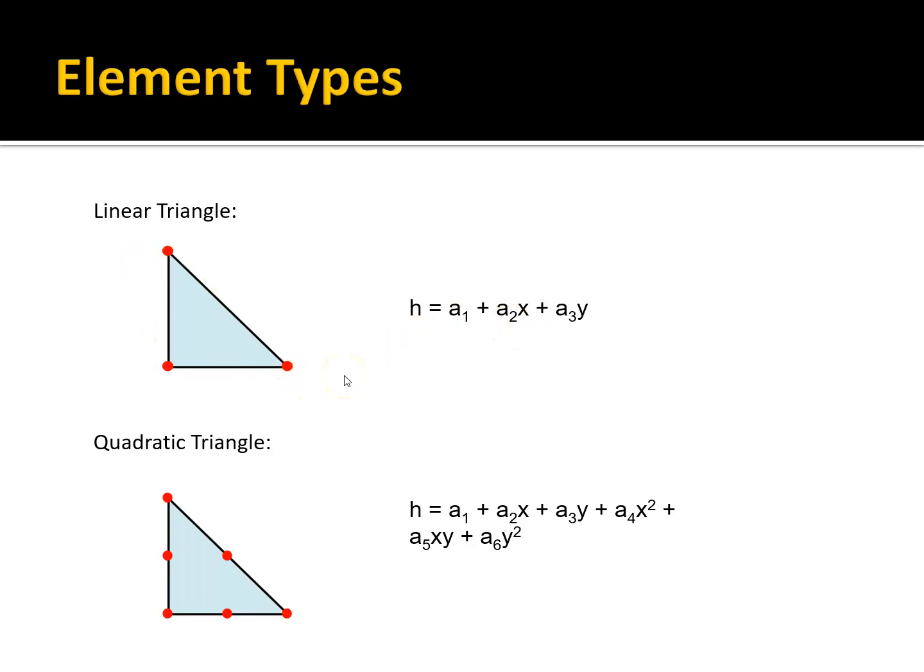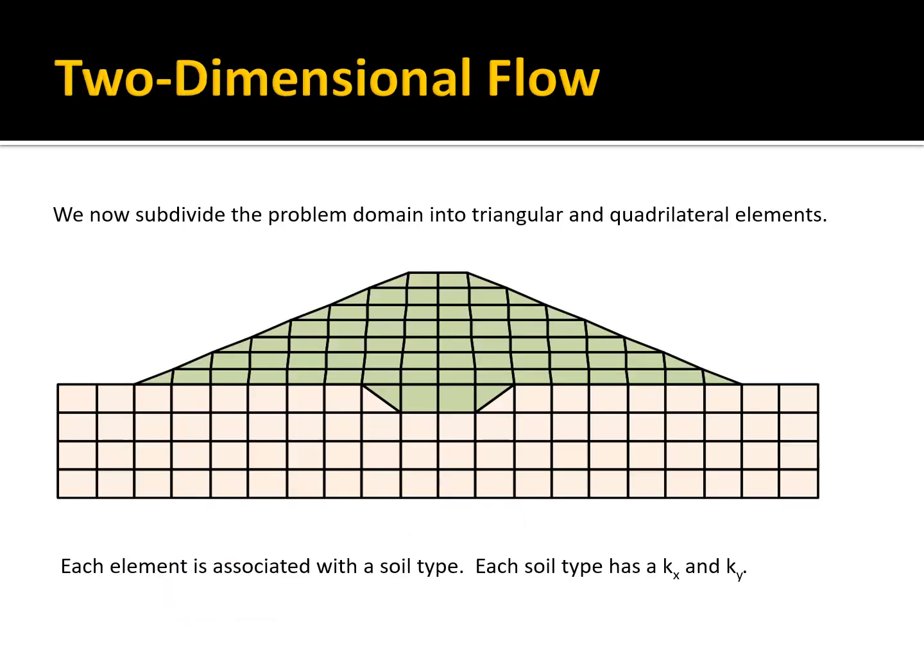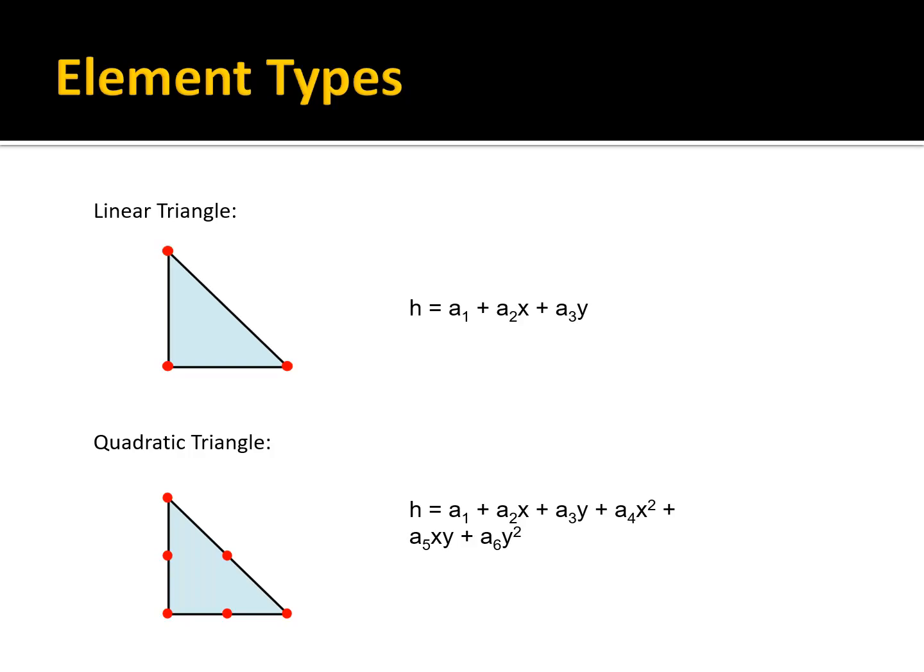So you can imagine if we had a mesh composed completely of triangles, and if we calculated the heads at the nodes, we're assuming that the head across the face of the element would vary linearly. So it's kind of like you're piecing together a series of linear tiles that form an approximation for the solution. And the smaller the elements, and the greater the number of elements, the more accurate that solution becomes.